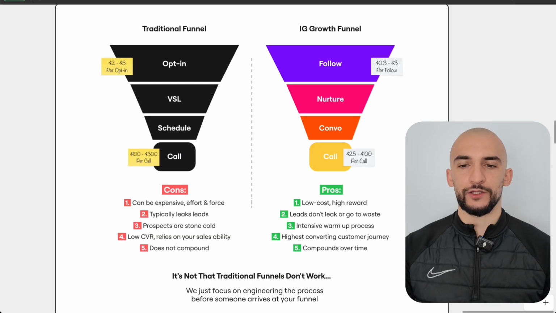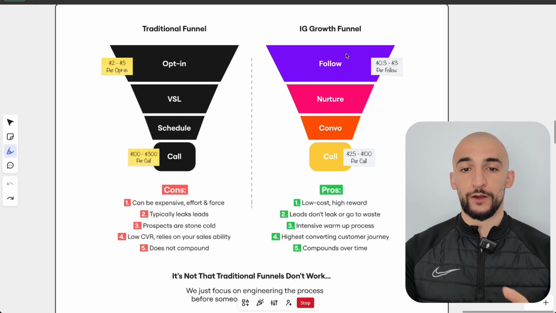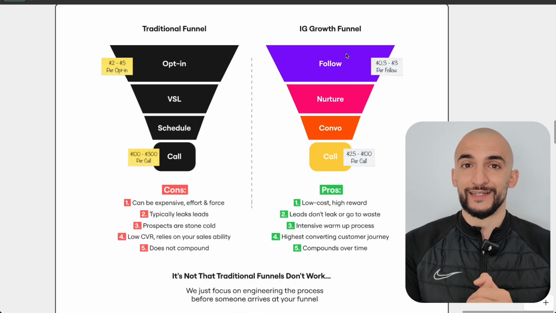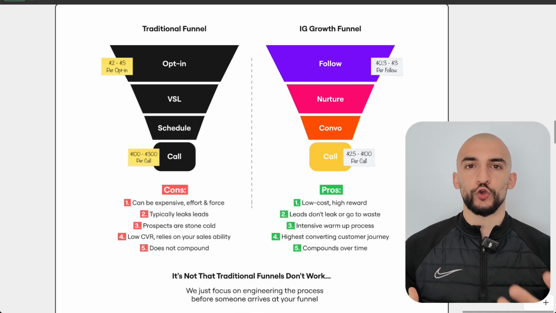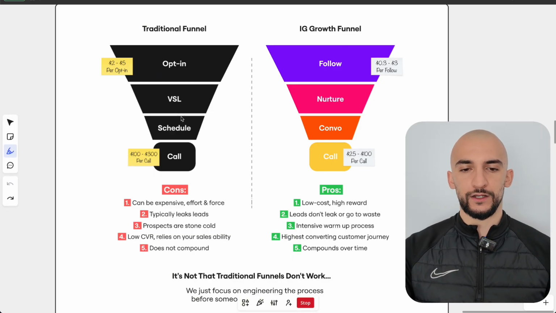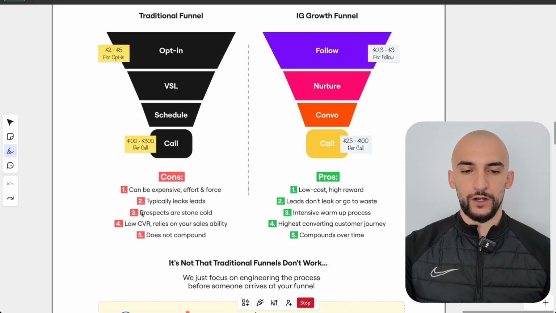You're not really adding value compared to if someone's following you and is now in your social media ecosystem, where they're seeing your face on a day-to-day basis, seeing your personality and all that sort of stuff. It's a lot different. So you can leak leads a lot when you're using traditional funnels, especially if they're not booking calls.